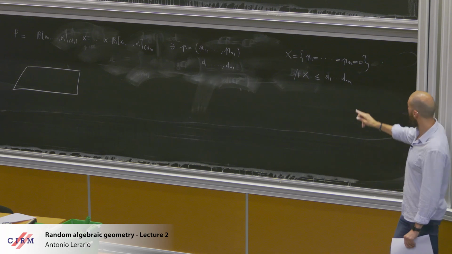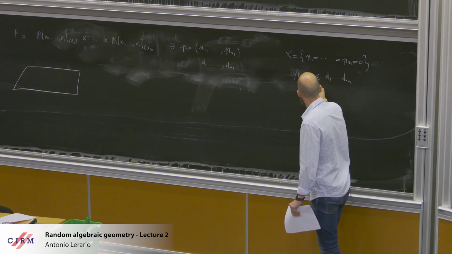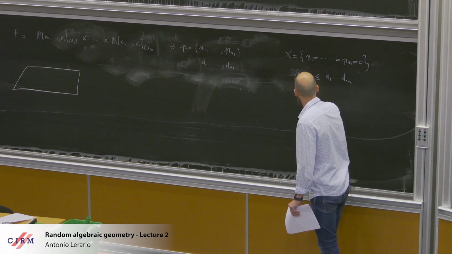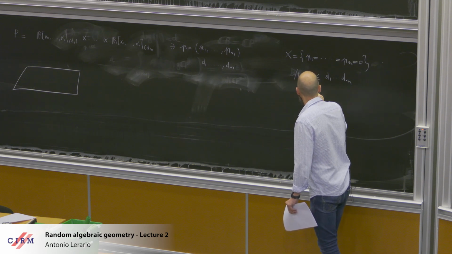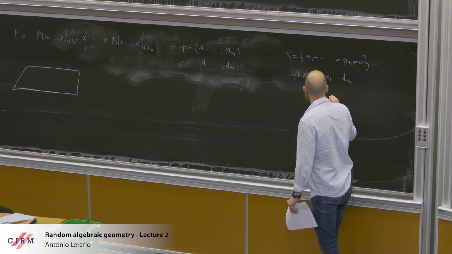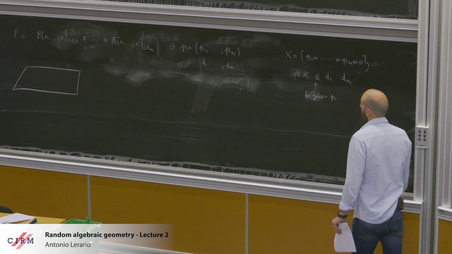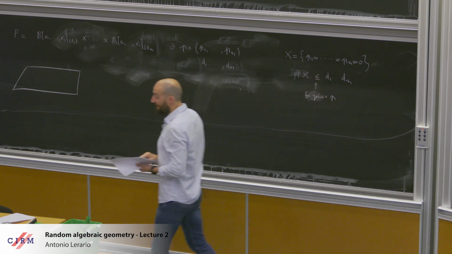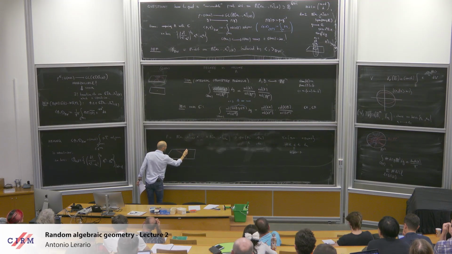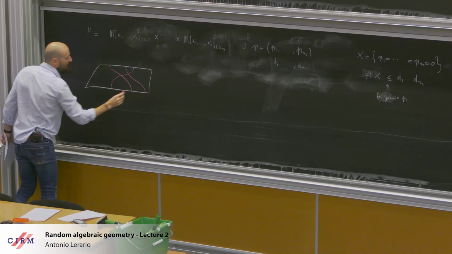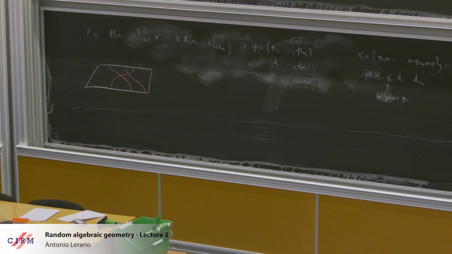So this means whenever the system is for generic P inside my space of parameters, there is again a discriminant, which is the set of systems which have a singular solution.